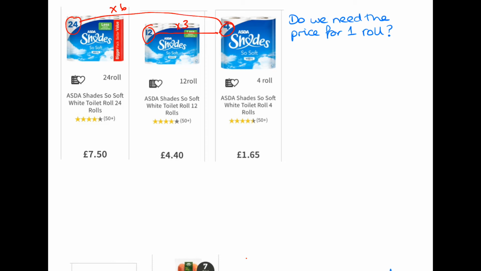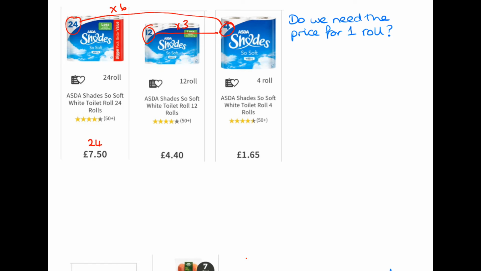Okay, so we know that 24 cost £7.50 if you buy them in a pack of 24. Let's look at what it would cost for 24 in this size of pack.